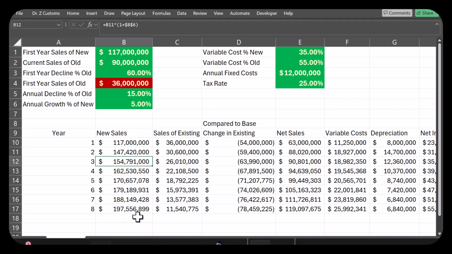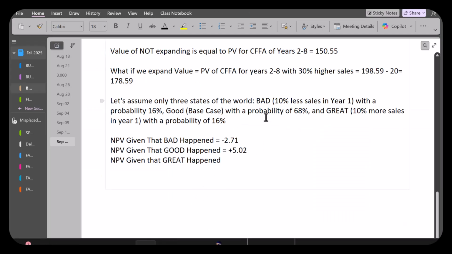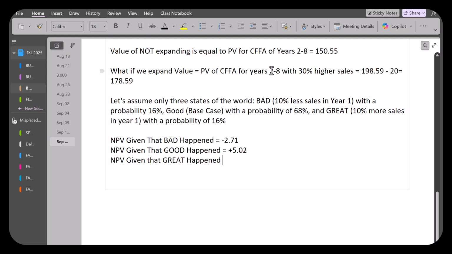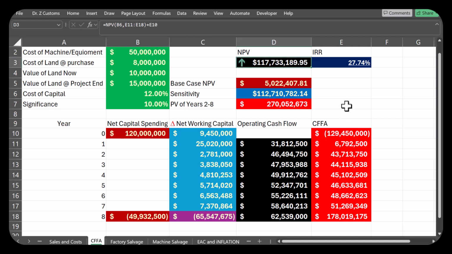So present value of expanding is 27052. Let's change that to... But more importantly, NPV of my project, given that I had a good first year sales, plus I decided to expand by another 20%.